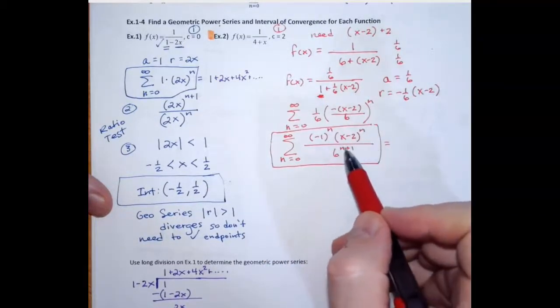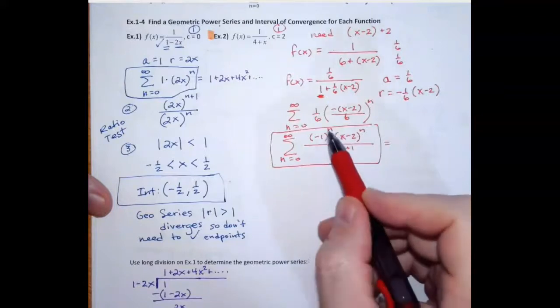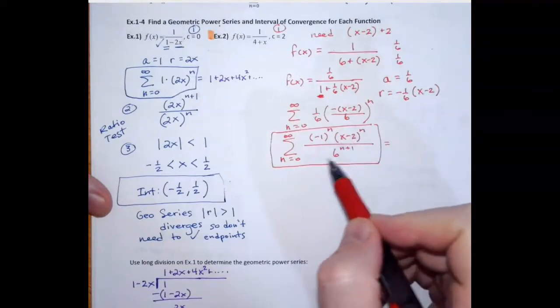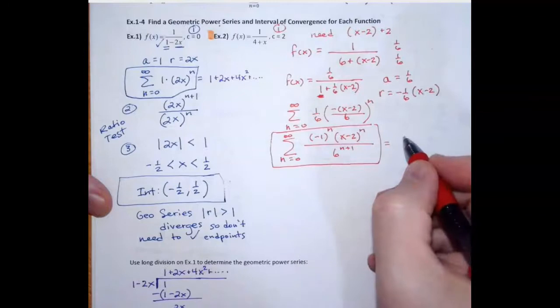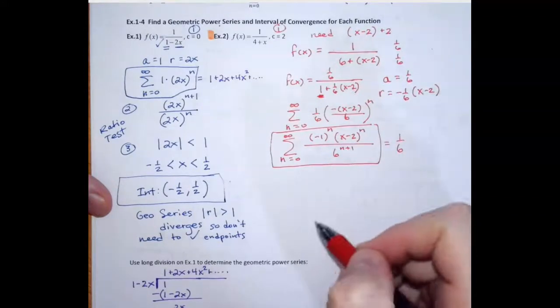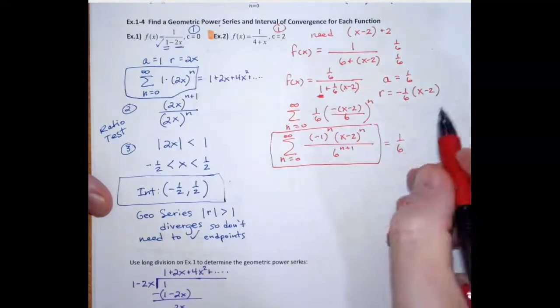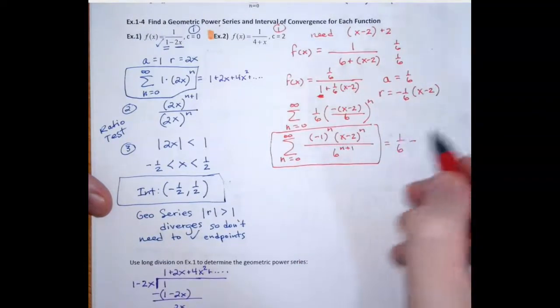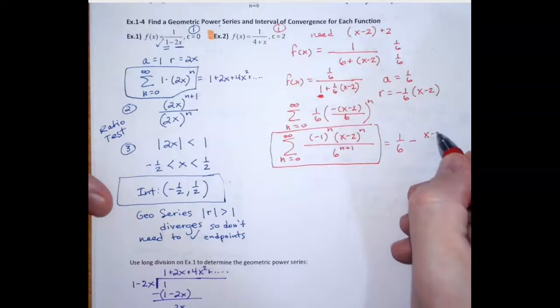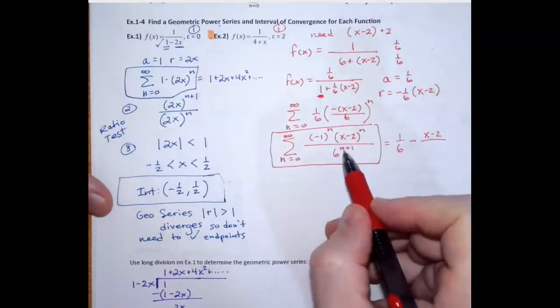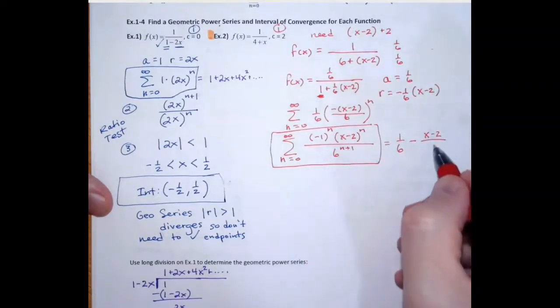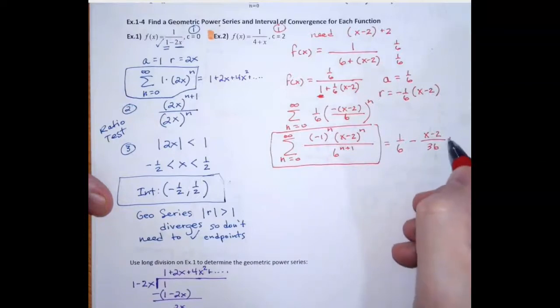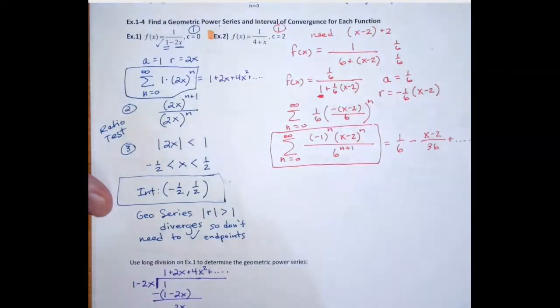So if we plug 0 in there, we get 1 over 6. And then if we plug in a 1, that'll make this negative, and then we'll have x minus 2 over, plug a 1 in there, that's 6 squared is 36. Our next term would be positive, and etc.